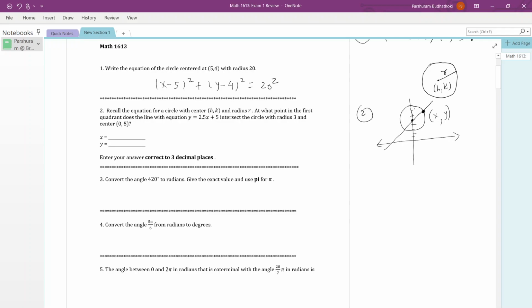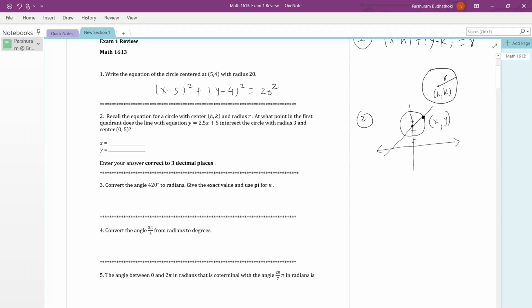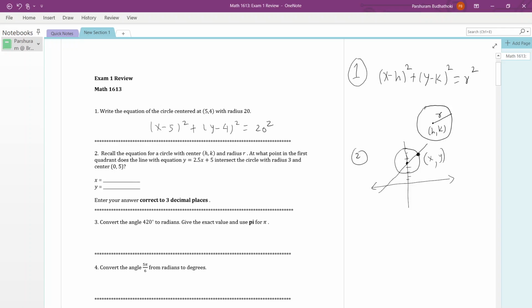First of all, we have to write down the equation of the circle using the formula we used for problem 1. X minus h is x minus 0 in this case because the center is 0, 5. Y minus 5 squared, the radius is 3 squared. So that's the equation of the circle.